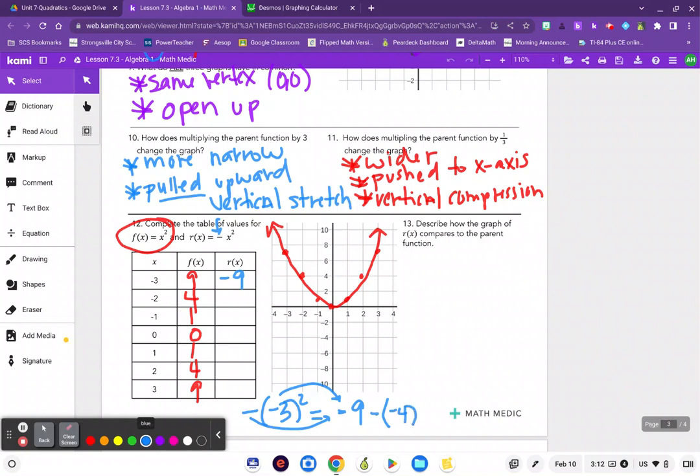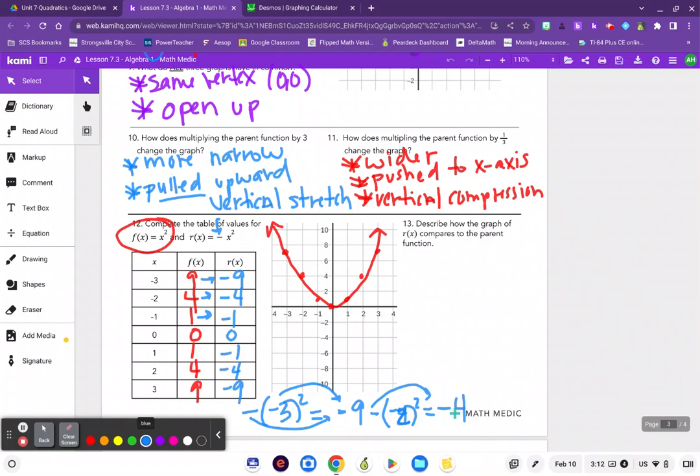Negative, and then in parentheses, -2 squared. So -2 squared is 4, but I have this extra negative on the outside of my function, so I actually get -4. In fact, each of these original y values are just going to get negated. So -1, well, I can't negate 0, so 0, and then -1, -4, -9.